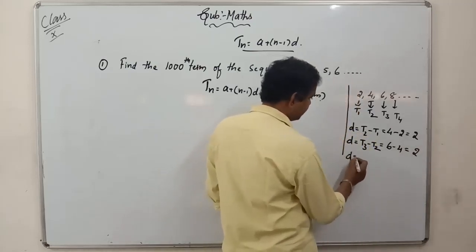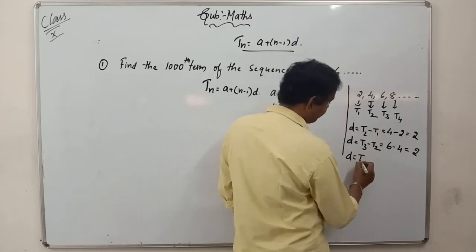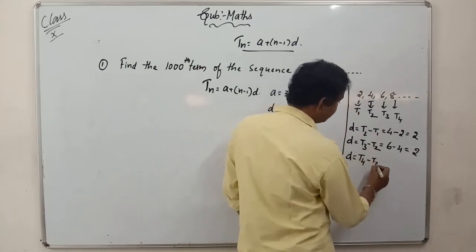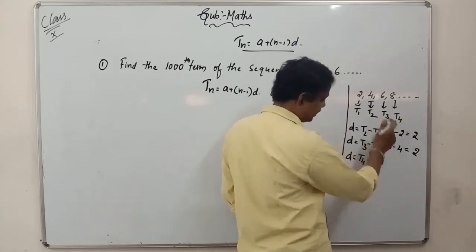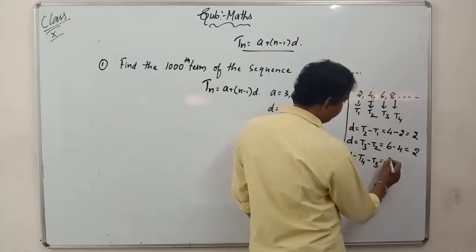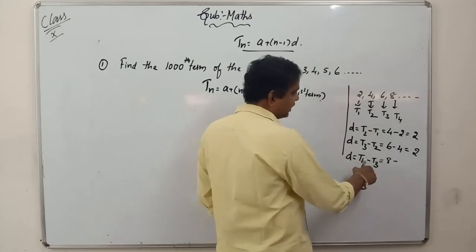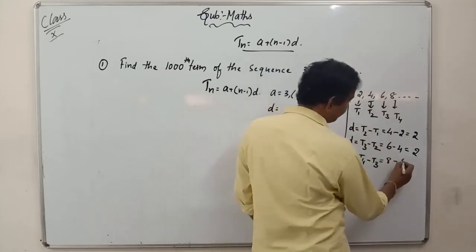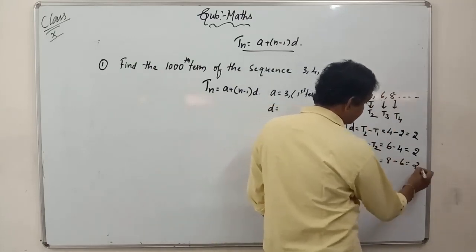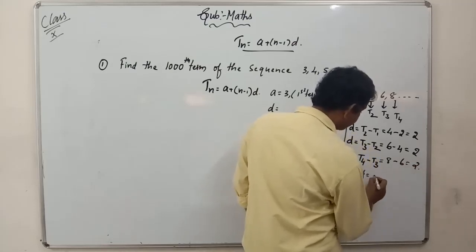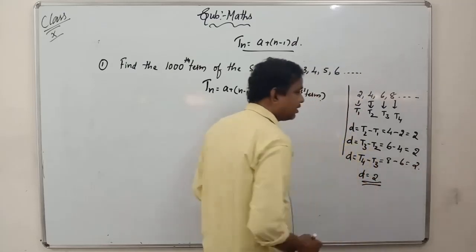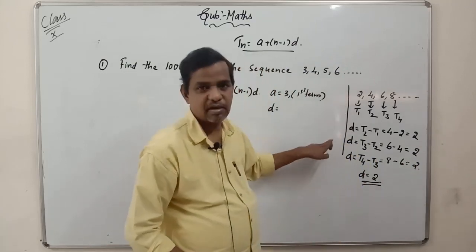Or T4 minus T3: T4 is 8, T3 is 6, so 8 minus 6 is 2. So the value of d equals 2 in this case. This is how we find the common difference.